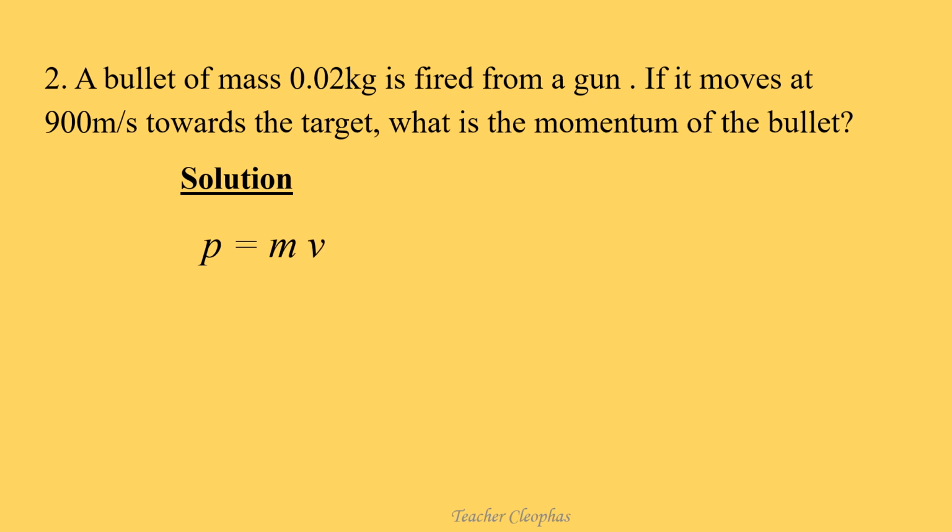Momentum equals mass times velocity. So substitute for mass and velocity, and that is 0.02 kilograms times 900 meters per second. This will give us 18 kilogram meters per second as the momentum of the bullet.